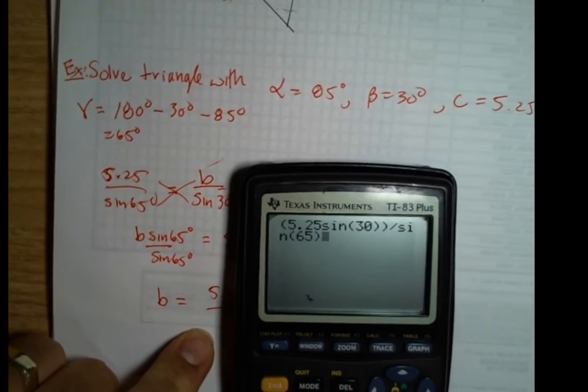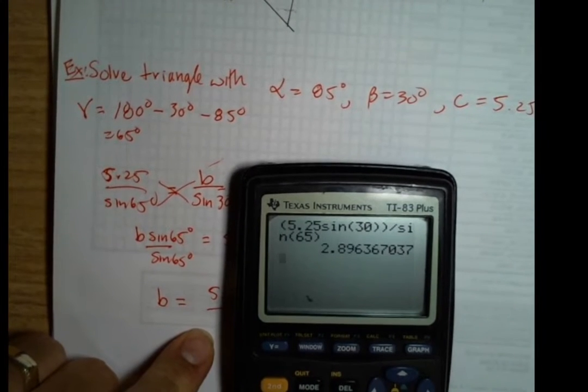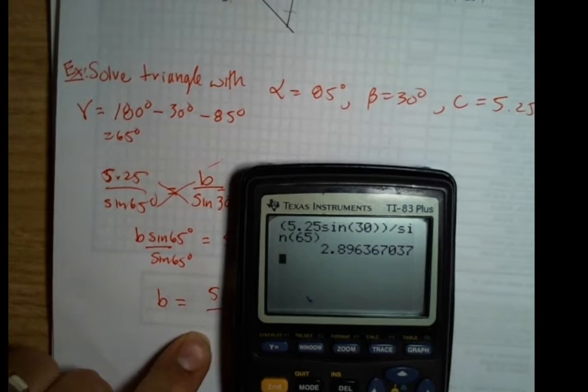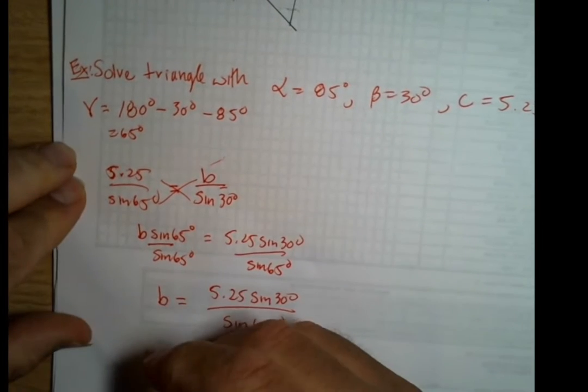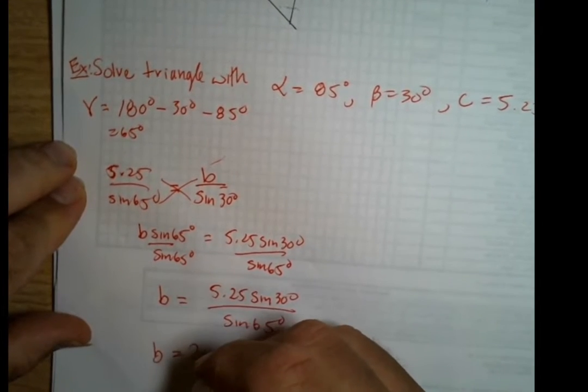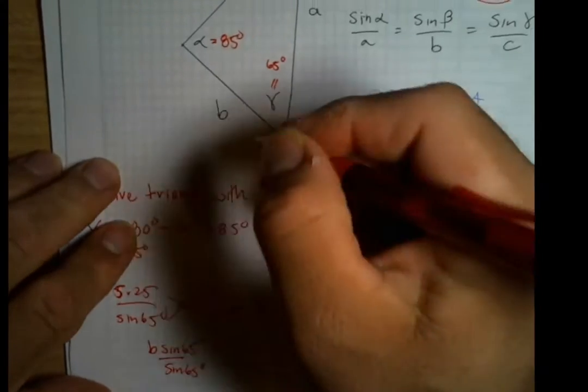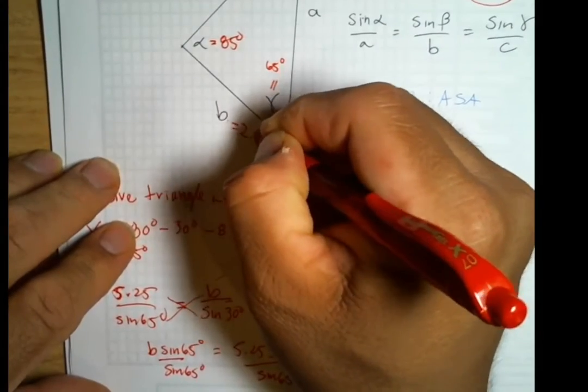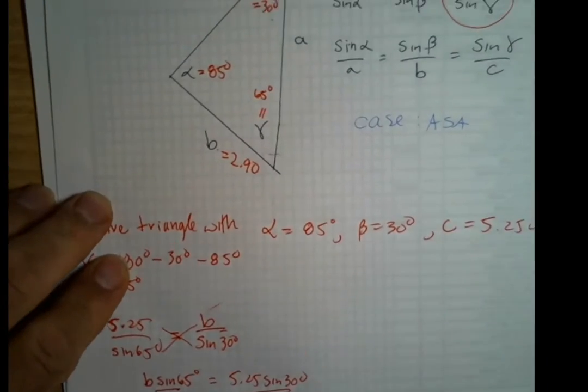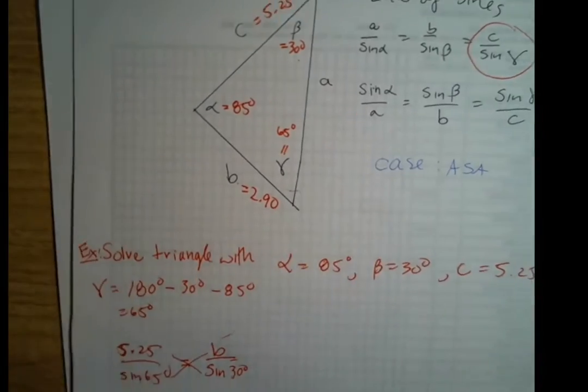Okay, so plug that in, hit enter, and rounded to 2 decimal places, we're going to get 2.90. So now we have in our diagram 2.90. The only thing missing here to solve the triangle is side A.